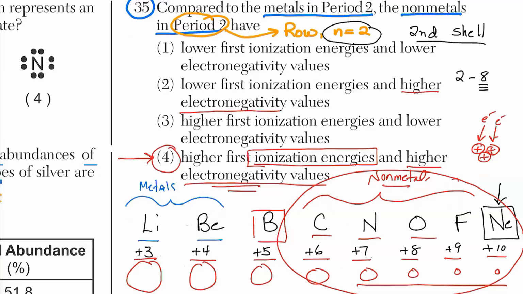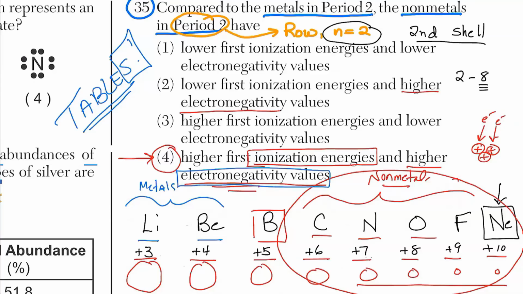And that's totally based upon something you should already know, the trends. But wait a minute. If you didn't like anything I did, you know what you could have done? Wait for it. Go to Table S. You could have looked up every one of these values in row 2 and seen that the ones on the right are going to have a higher electronegativity and a higher ionization energy.